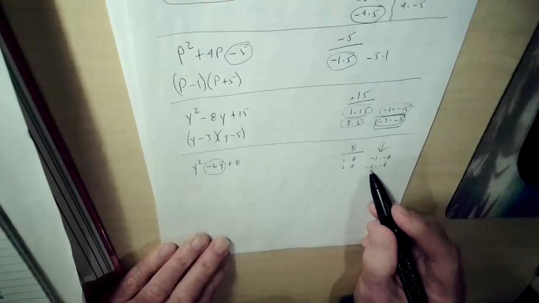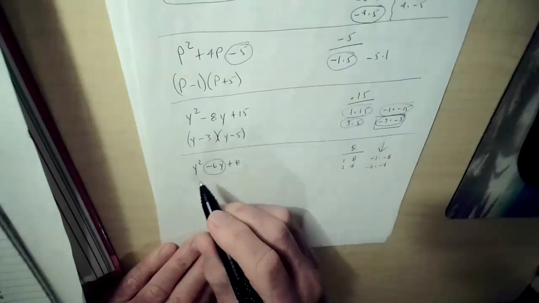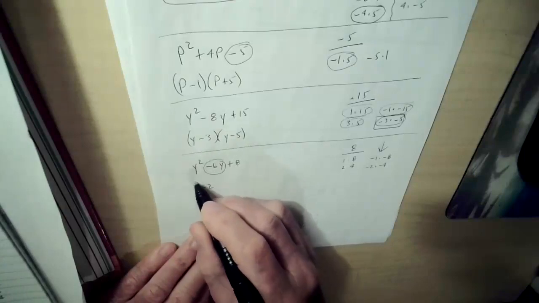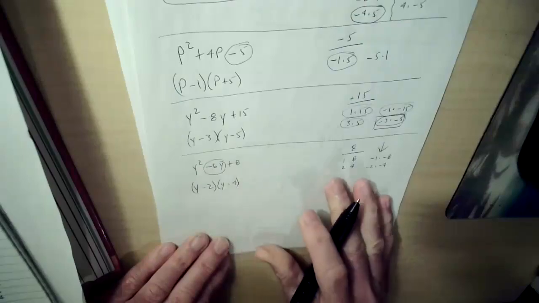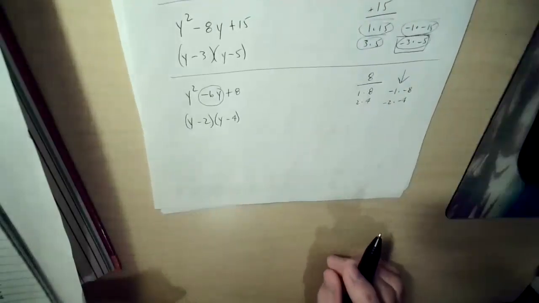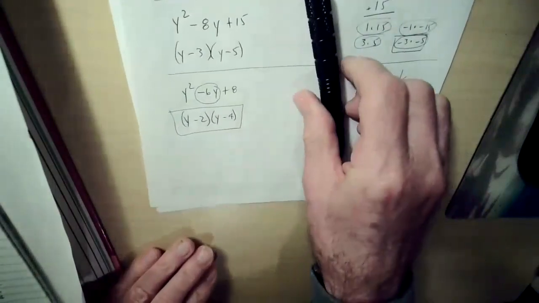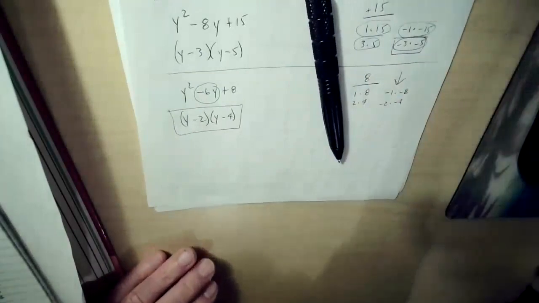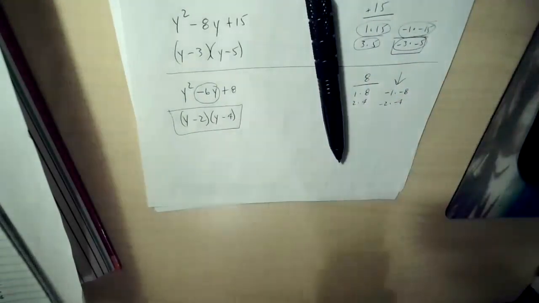Again, when the linear term is negative, you have to do these also. Negative times a negative being a positive, right? So it's negative 2 and negative 4, right? Give us negative 6. So y minus 2 times y minus 4. Right?